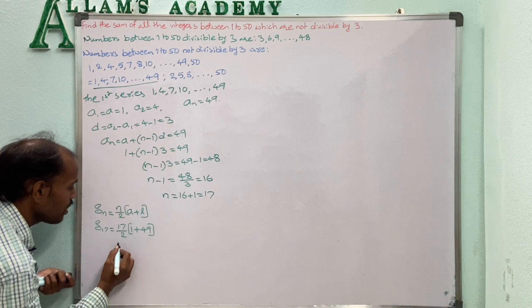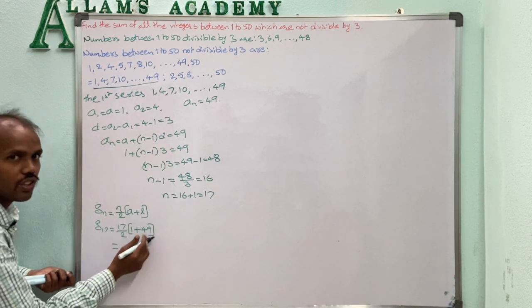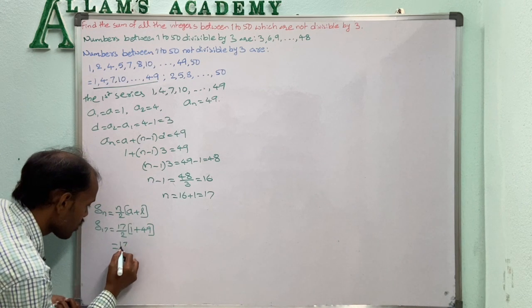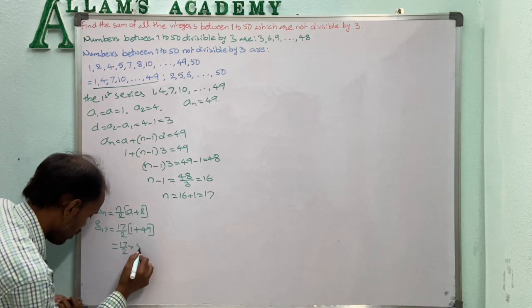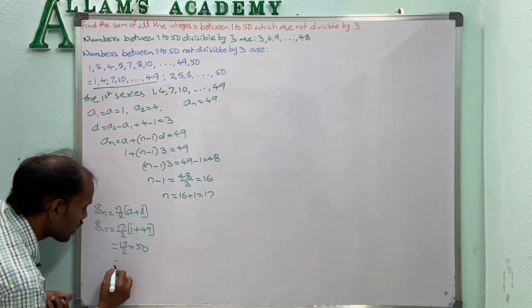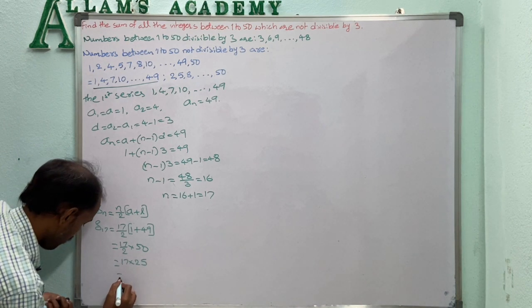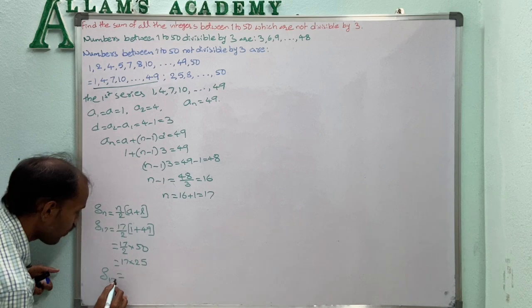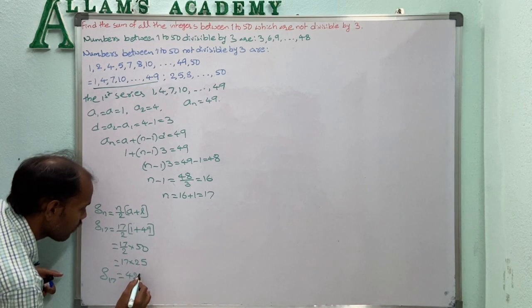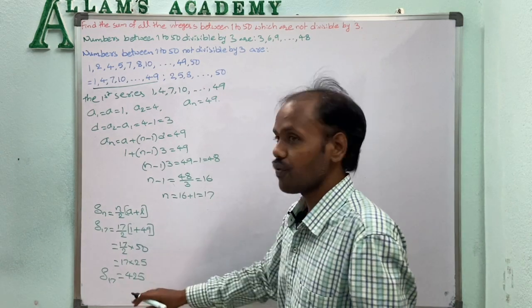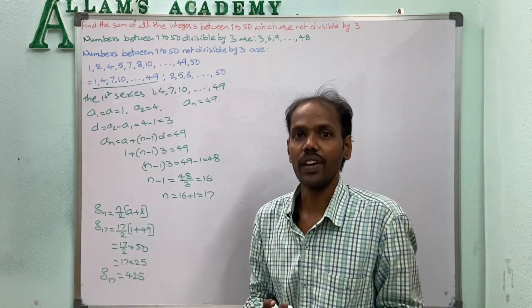So 17 by 2 into 1 plus 49. 1 plus 49 is 50. So 17 by 2 into 50. 50 by 2 is equal to 25. So 17 into 25 is 425. So the first series sum is 425.